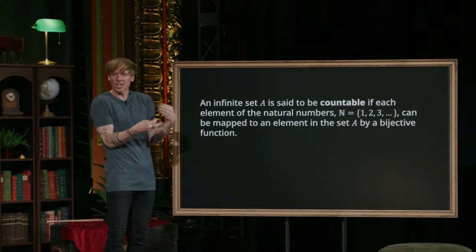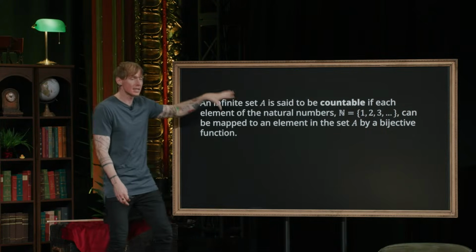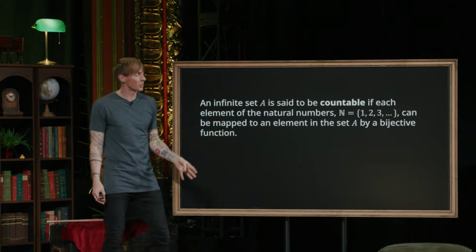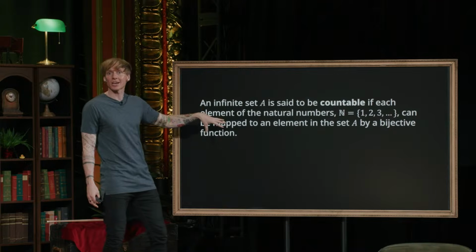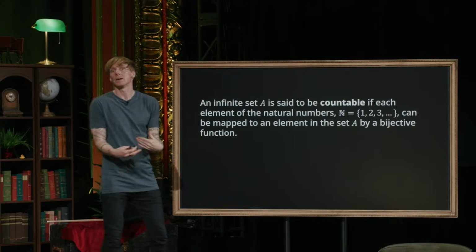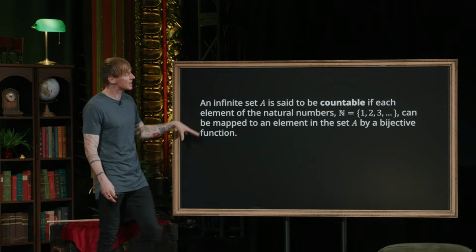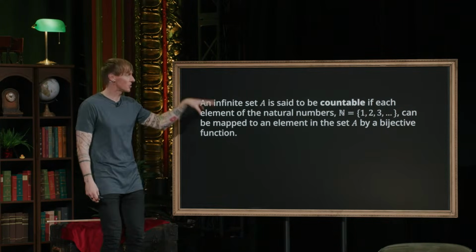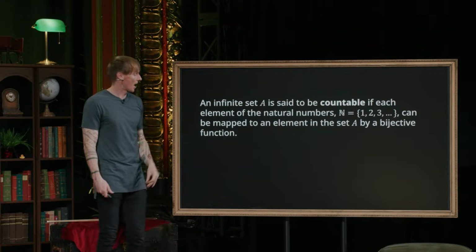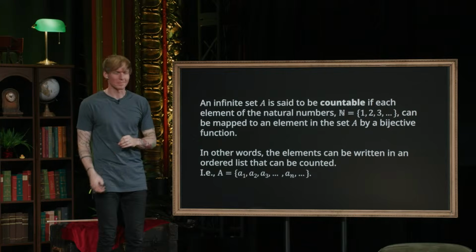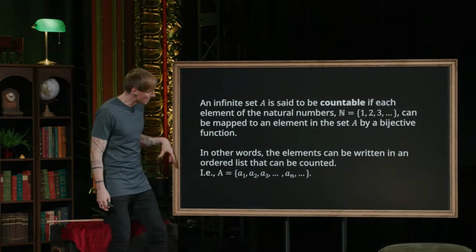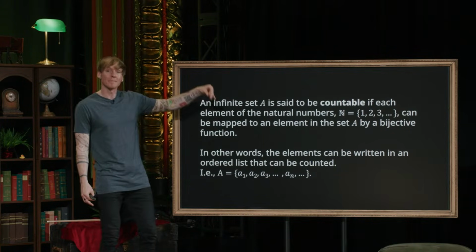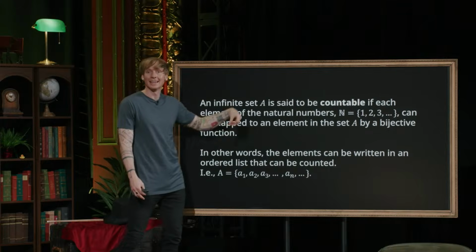So in order to check if a set A is countable, what we need to do is find this bijection, this counting function, sending the natural numbers into our set. And if we can do that, it's countable. Another helpful way of thinking about what this means is to say that the elements of the set A can be written in an ordered list.